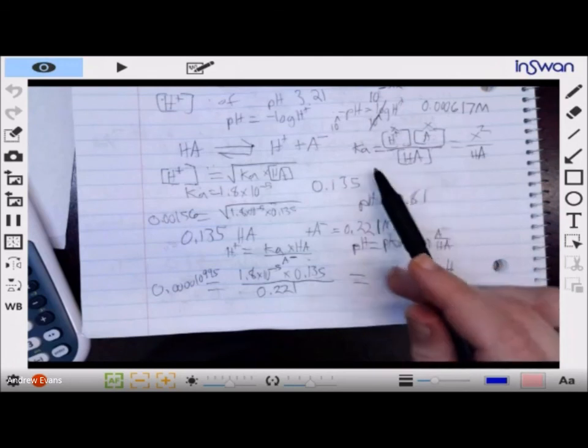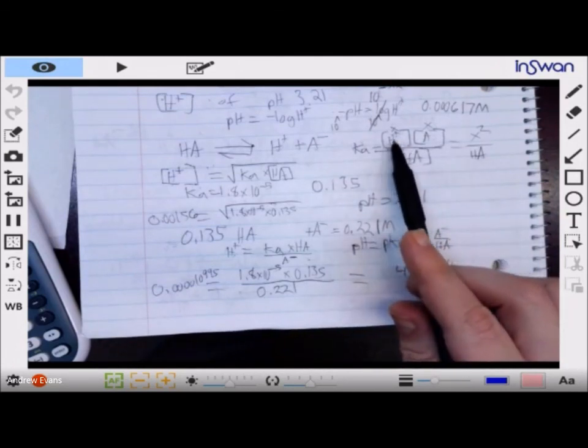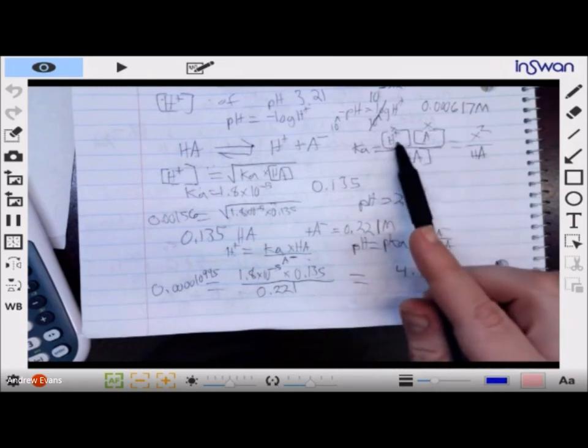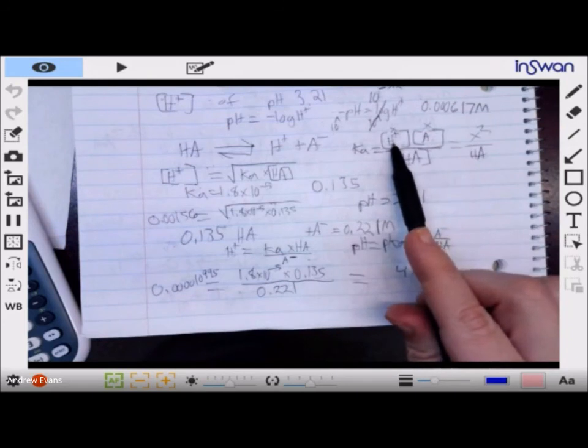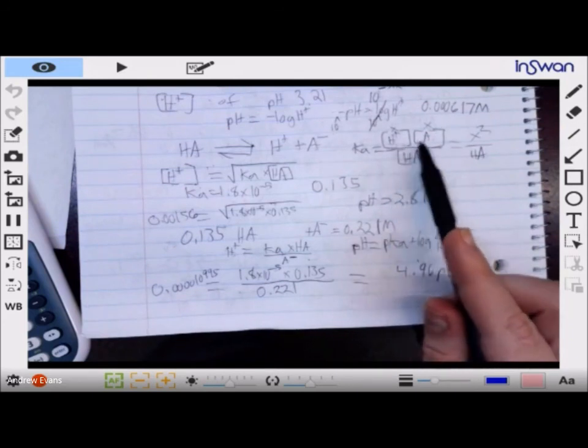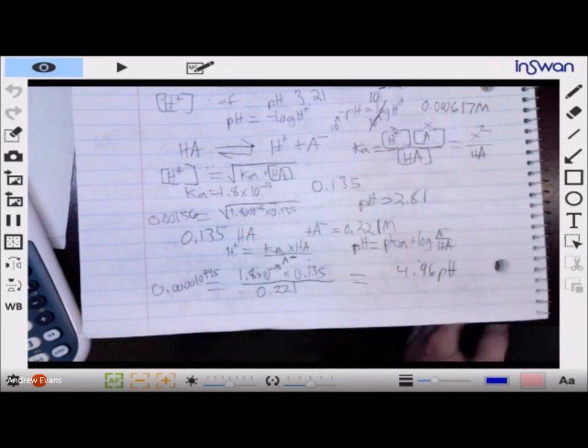You set up your Ka, you solve for your H plus. If we don't know either, they're X and X. If we only don't know this, then this is the only one we need to solve for. We're just rearranging to solve for the H plus. And that's how you treat buffers.